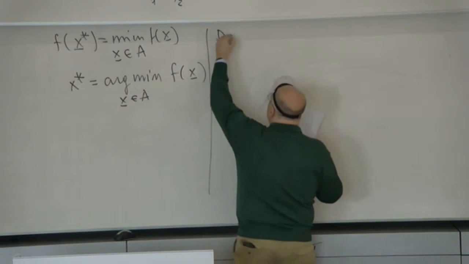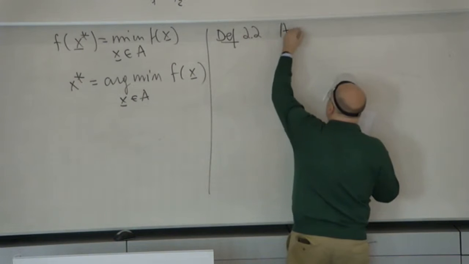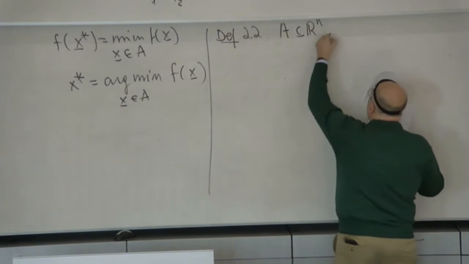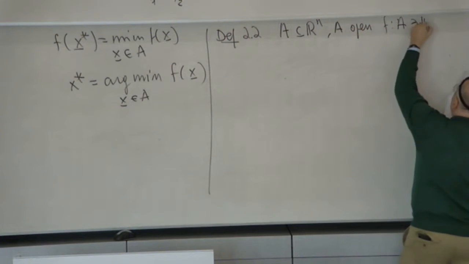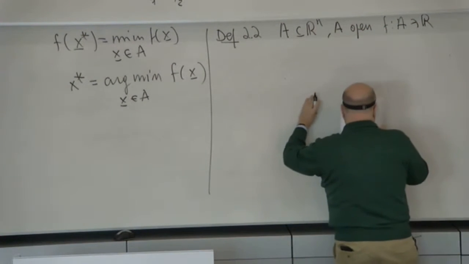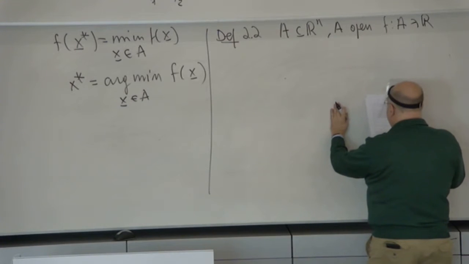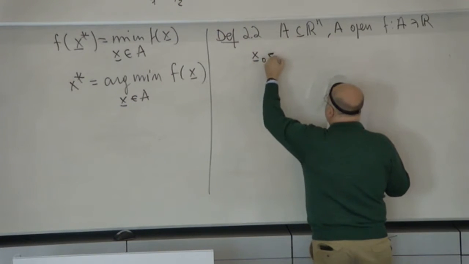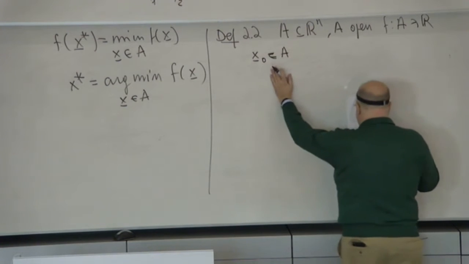Okay, so we can move to the definitions we already know. Definition 2.2, just a matter of reminding the names. With all the definitions above, A is open, and F goes from A to R. We assume that x0 is a point in A, which, A being open, means that x0 is an interior point.